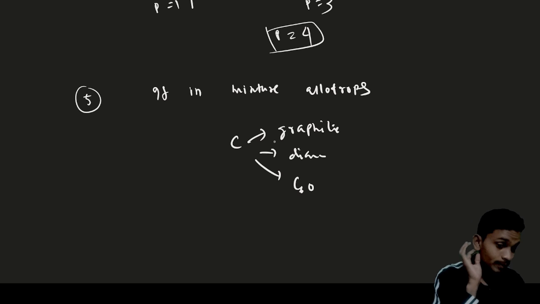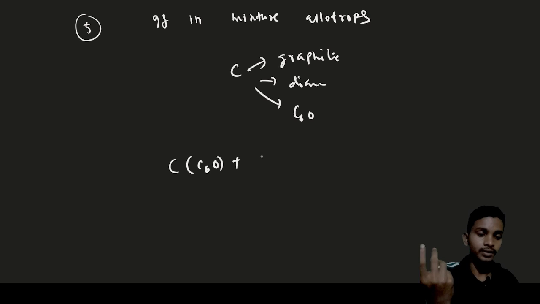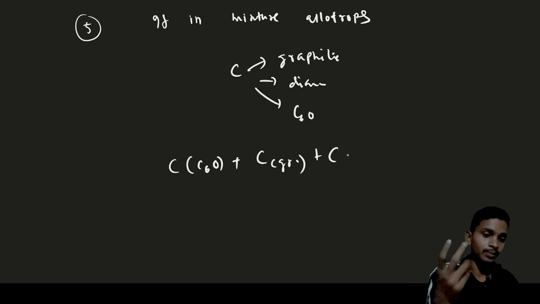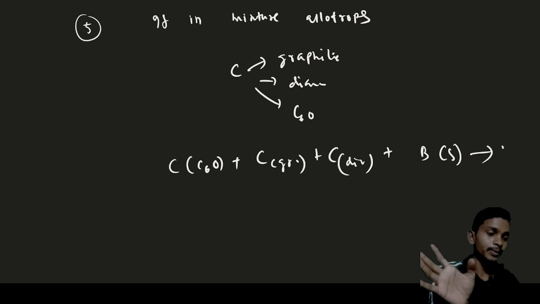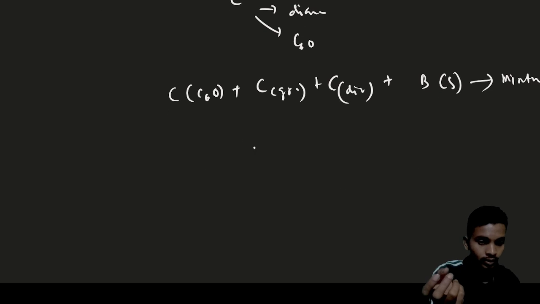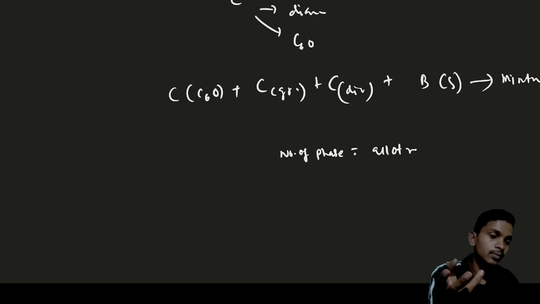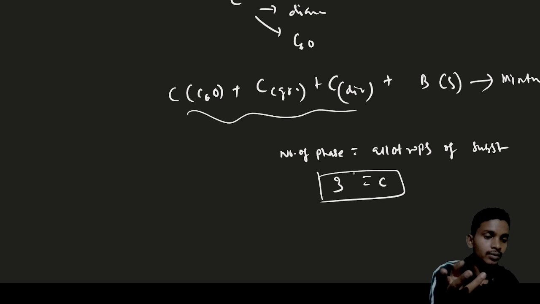If carbon as C60 is present, plus carbon as graphite, plus carbon as diamond, plus any other solid is present, then what is the pH in the mixture? The number of pH equals the number of allotropes of the substance. Here there are 3 allotropes, so pH is 3 for carbon, plus 1 for the other solid, so total is 4.